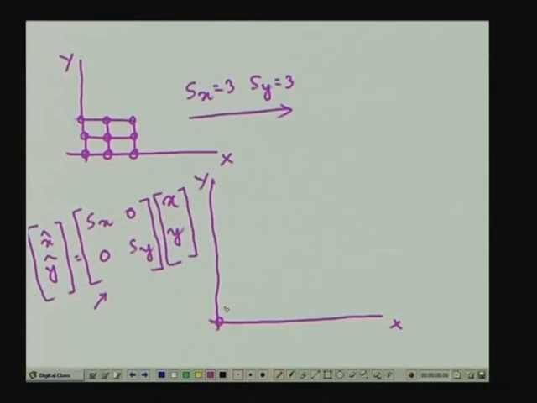Because this will be converted to a 9 by 9 image, let us first form a 9 by 9 grid.